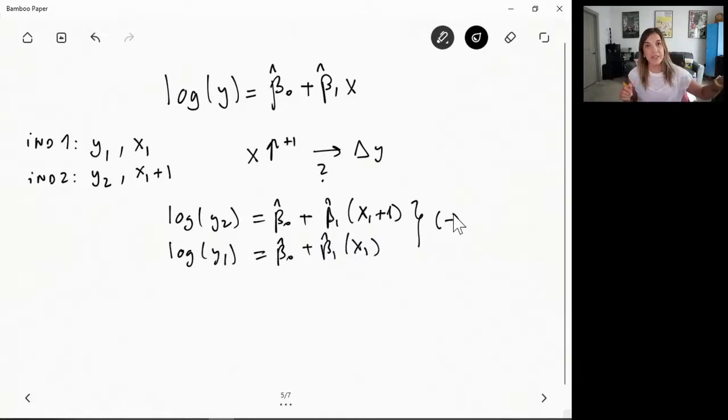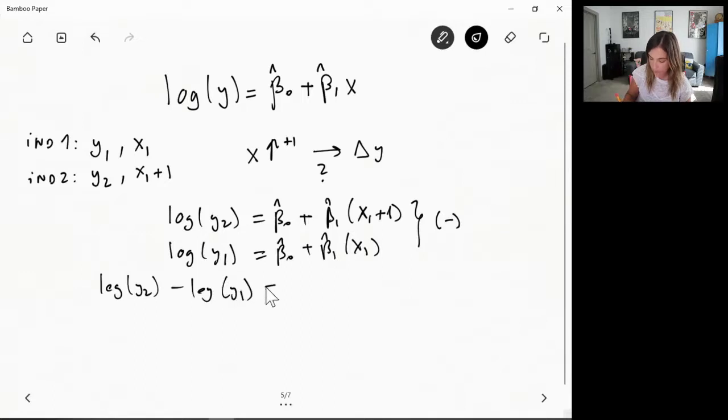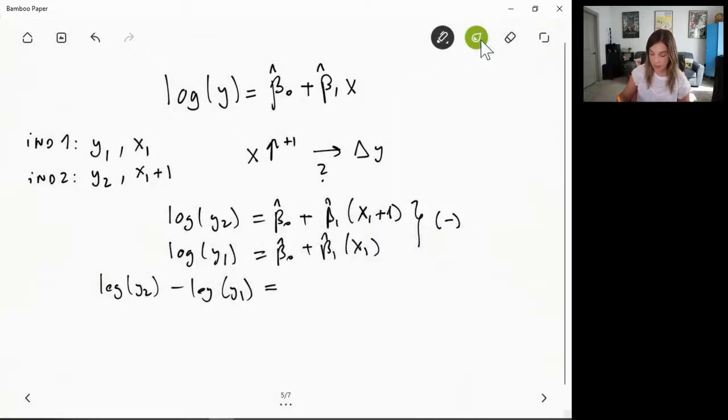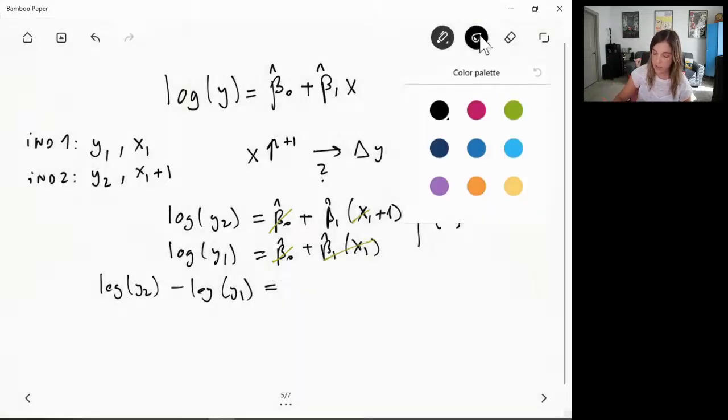On the left-hand side, if we subtract these two, we just get the difference of the two logarithms: the log of y2 minus the log of y1. On the right-hand side, you can easily see that the beta naughts cancel out, beta naught minus beta naught, and beta 1 times x1 also cancels out.